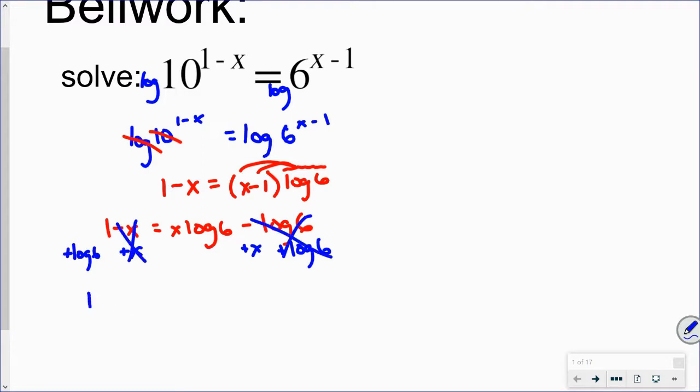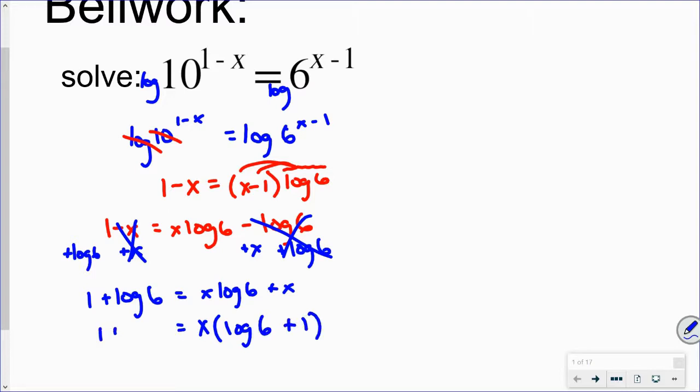So we have 1 plus log 6 equals x log 6 plus x. Got x's here, so I'm going to factor it out. x(log 6 plus 1) equals 1 plus log 6.